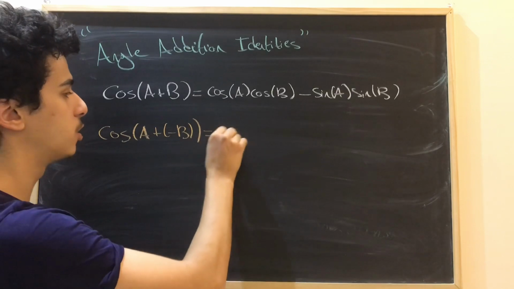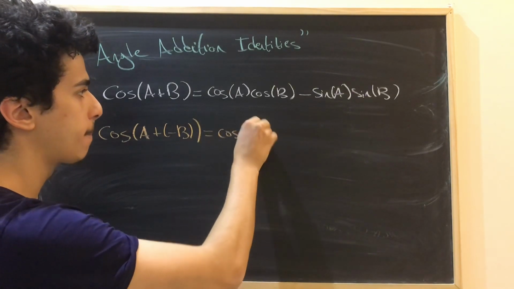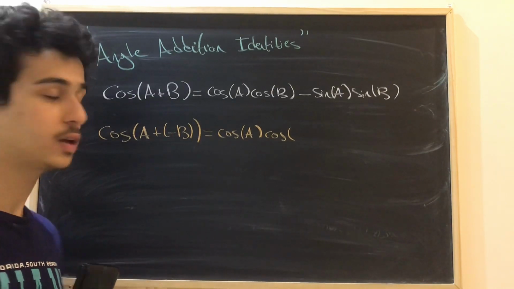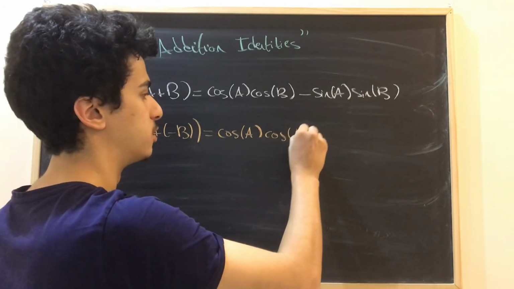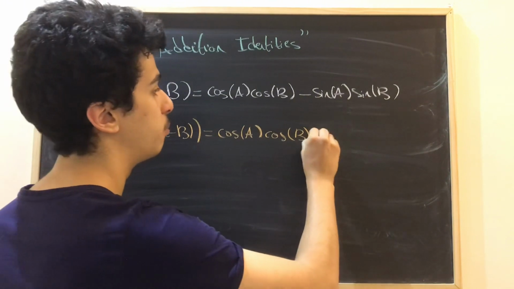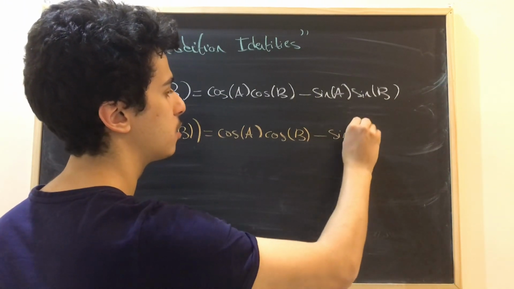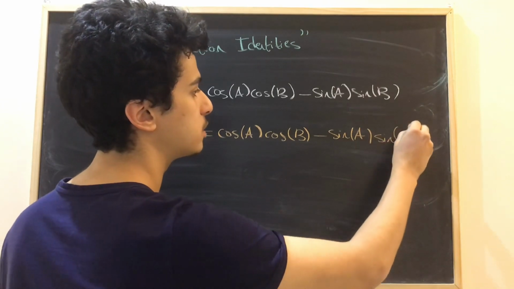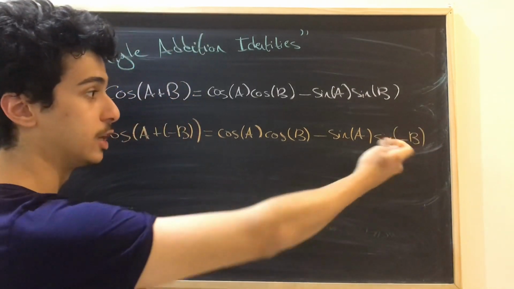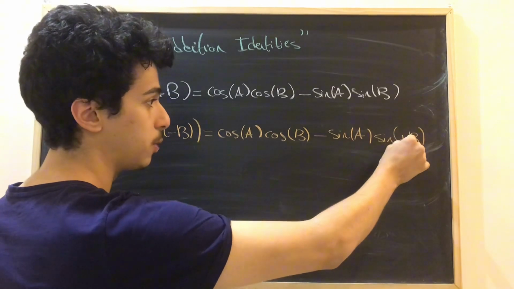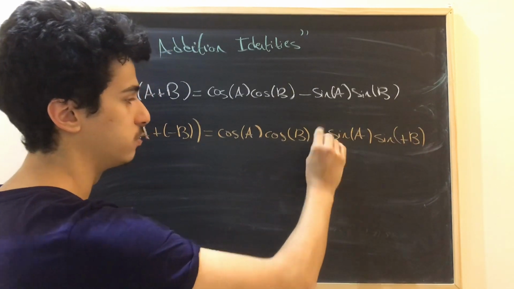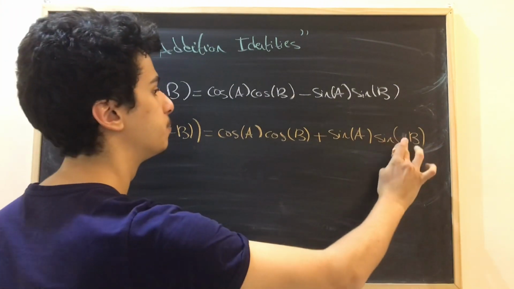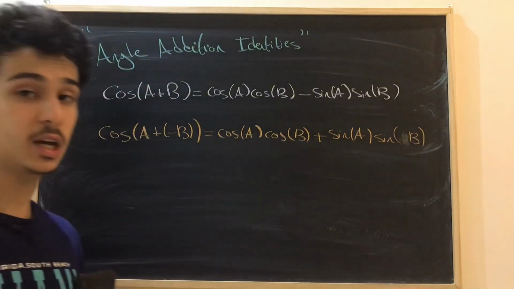We'll have the cosine of A and the cosine of negative B, but the cosine of a negative angle is just the cosine of the positive angle. We'll have minus sine A and sine negative B. But since sine is an odd function, we can take the negative outside. It will be positive, so that will be plus sine A sine B. And that's the second identity.